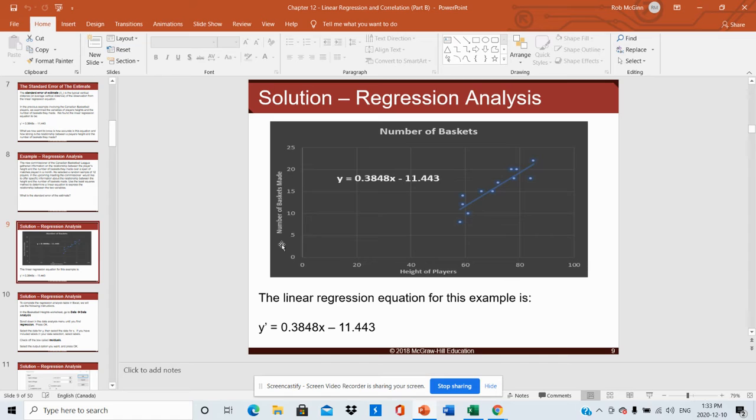So we put our dependent variable on our vertical y-axis, independent variable on our x or horizontal axis, and then we created a scatter diagram, inserted a trend line, and displayed the equation. So our equation's right there.